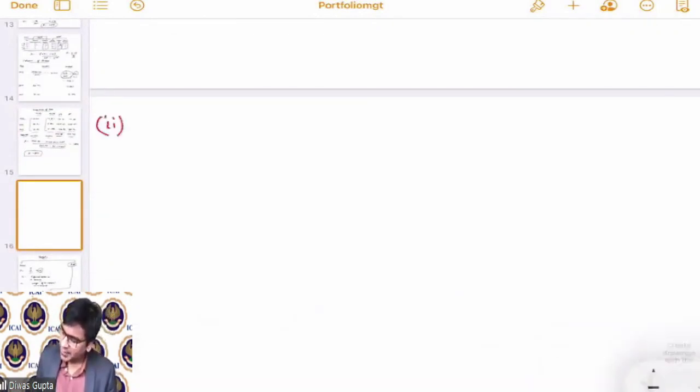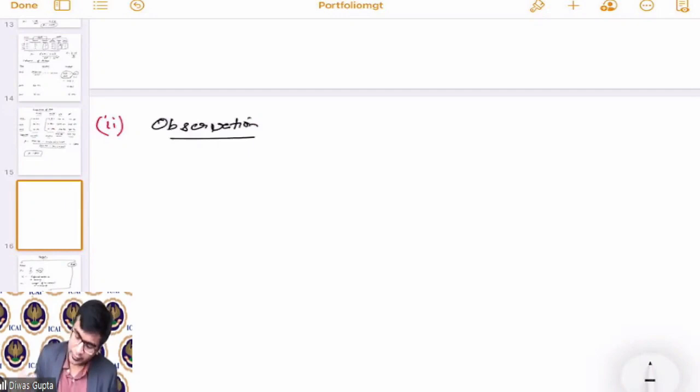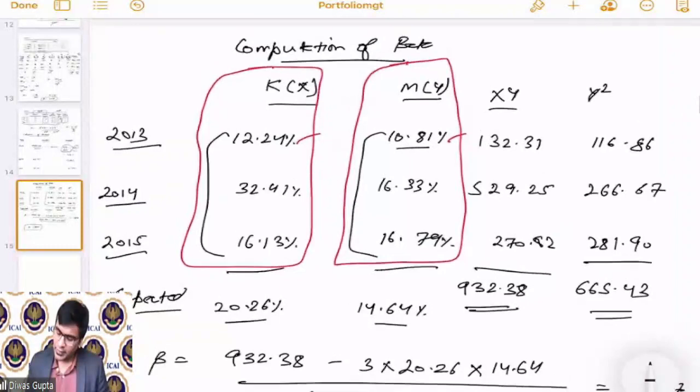Let me go back to the black pen. Observation. So 2012-13, 13-14 and 14-15. These are the 3 years in question, correct?